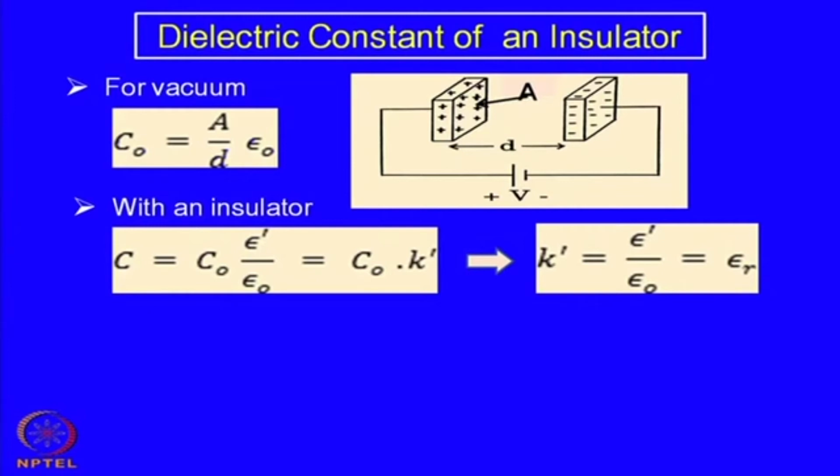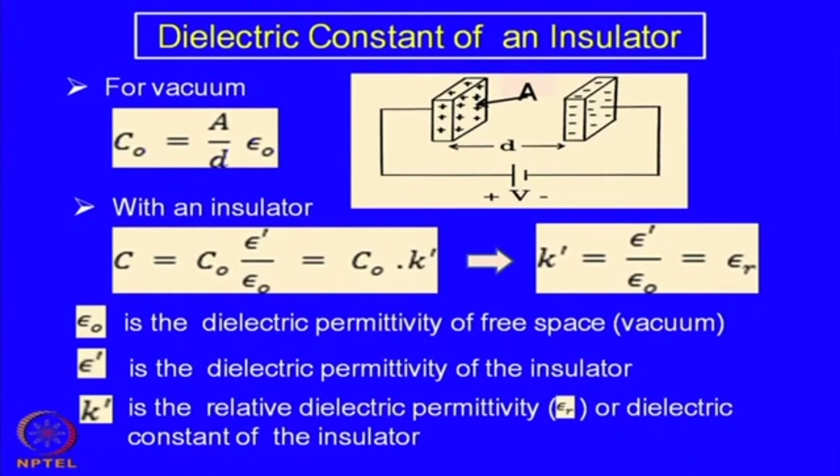Once somebody wants to design a capacitor of a particular value and charge storing capacity of a particular system or device, K prime, the dielectric constant of the material, is of utmost importance, so that one can design precisely what kind of capacitors can be fabricated out of it.